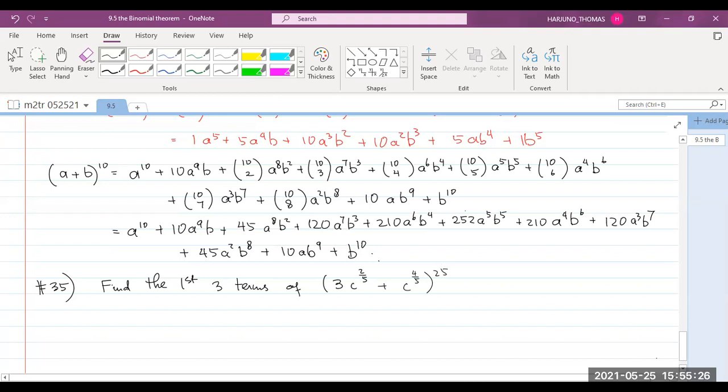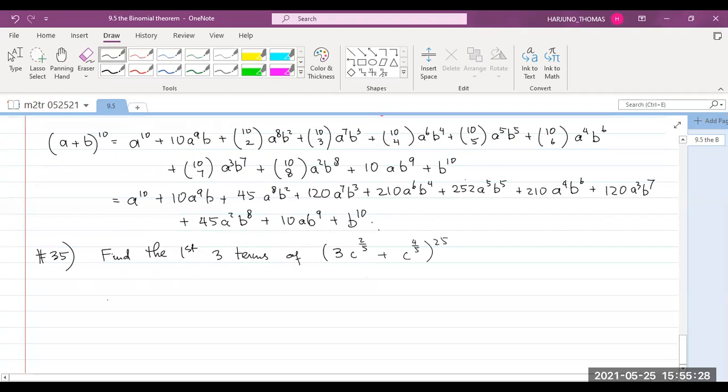The first 3 terms. Okay, solution. I will do the template first. A plus b to the power of 25. That will be a to the 25th plus 25a to the 24th b plus 25 choose 2. That's 25 times 12, that's 300.